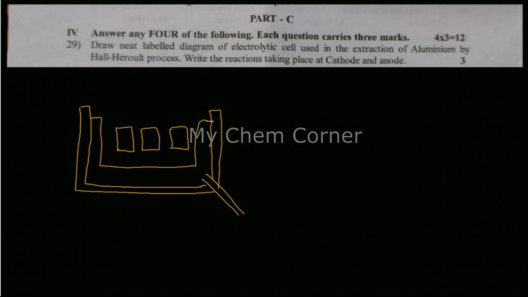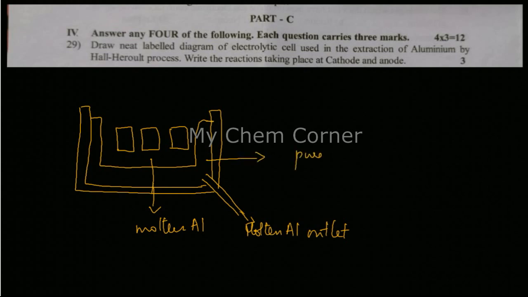And this one here, just naming them as molten Al. Here I'm going to have molten Al outlet. This is going to be pure alumina plus cryolite.